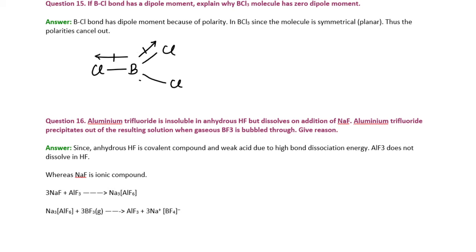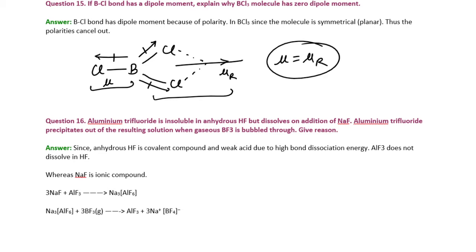Polarity is like this. So for net polarity, there is the parallelogram law of vector addition. Net polarity due to these two Cl is equal to net polarity due to this BCl.